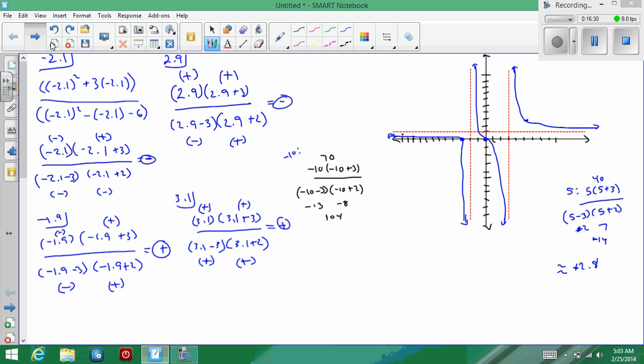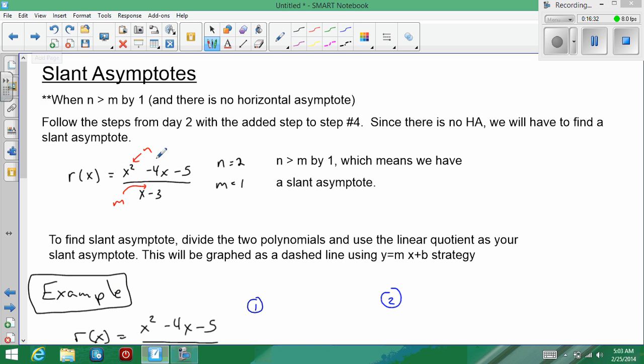Now let's look at slant asymptotes. So here, slant asymptotes happen when your n value is greater than m by 1. Your n is the exponent on the numerator, the degree, and m is the degree of the denominator. Because there are no horizontal asymptotes in that situation, we can have a slant asymptote.